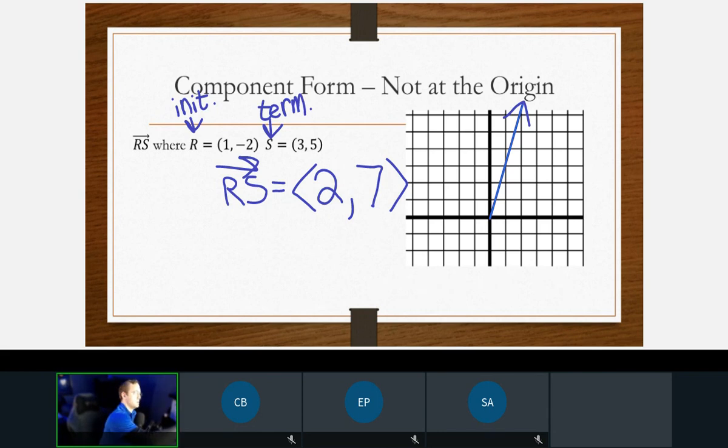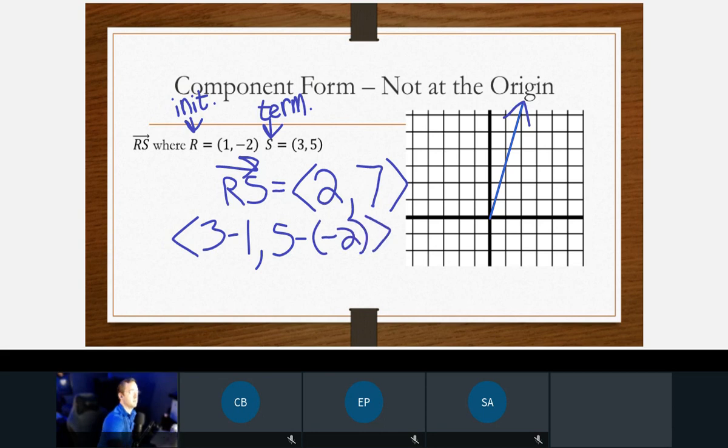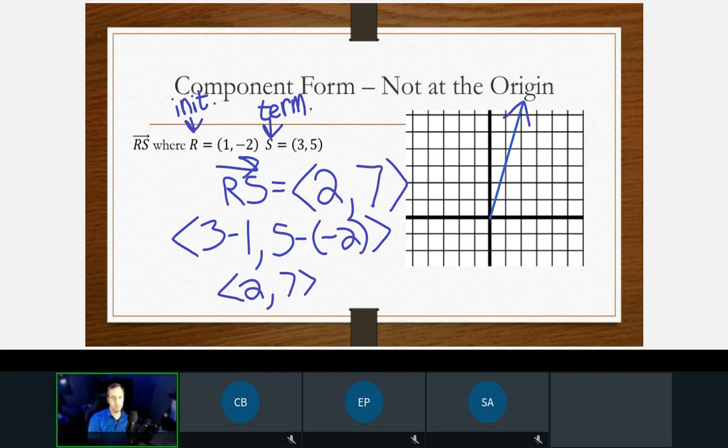So math-wise, we do 3 minus 1 comma 5 minus negative 2. And then that's how we get 2, 7 using the maths. Pretty simple formula. It doesn't get harder than that. Unless they're like radicals or fractions, then I guess it looks harder, right? But it's really not. It's the same formula.